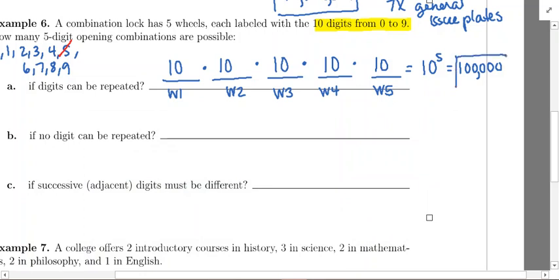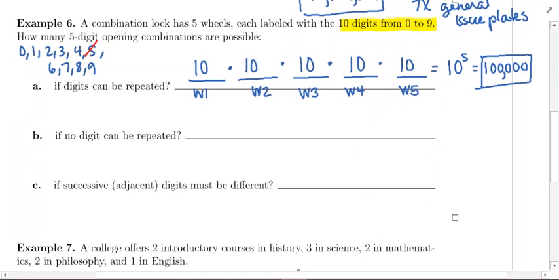So let's take a look at part B, where now we start using some of the restrictions. Now digits cannot be repeated. So again, you're going to have the same kind of setup: your 5 blanks representing each wheel.